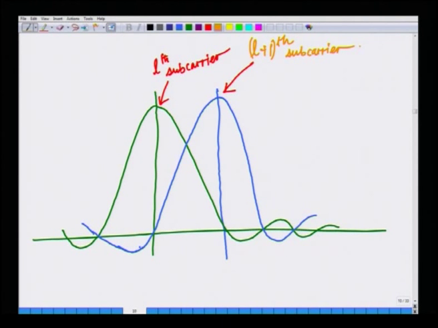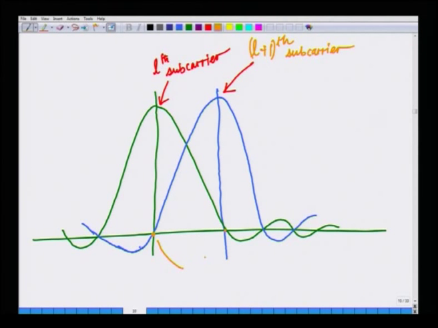What you see here is that when I sample the peak of the Lth subcarrier, the L plus 1th subcarrier is actually 0, and similarly when I am sampling the peak of the L plus 1th subcarrier, the Lth subcarrier is actually 0.